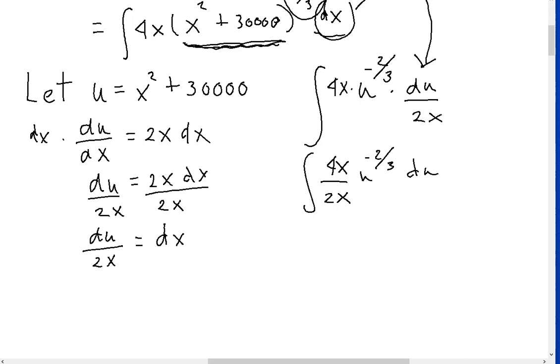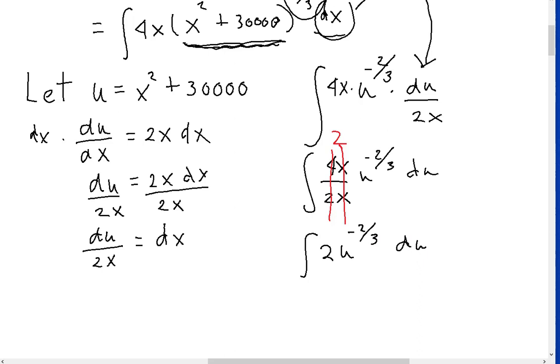So when I do my u substitution, I shouldn't have any x's left. And actually, I won't have any x's left because those will divide to 1, and these will divide to 2, so I end up with the integral of 2u to the negative 2/3 du.